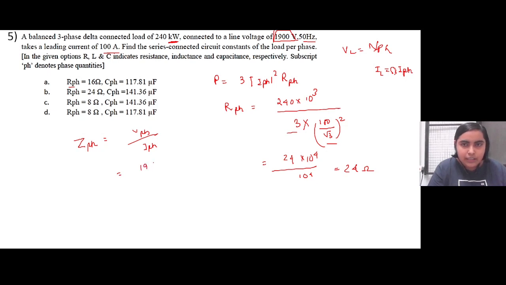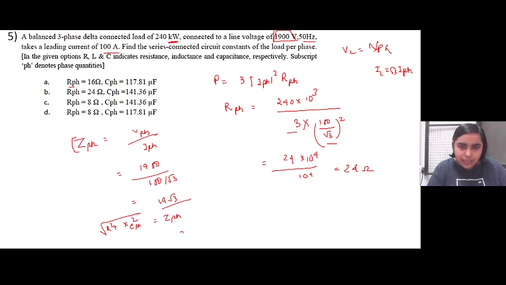So 1900 divided by 100 by root 3 gives 19 root 3. This is the total impedance. Now this impedance consists of the resistance and the capacitive reactance, so it will be the square root of this plus this, equal to Z.